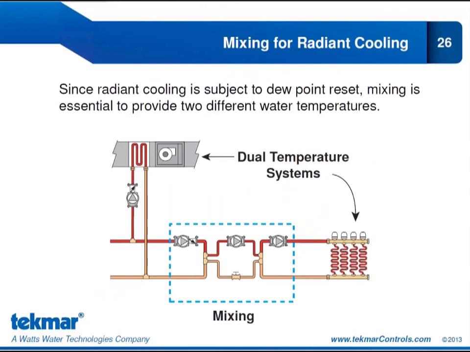But the fan coils will require colder water temperature than that. So by incorporating mixing into our design, we make sure we can provide the appropriate entering load water temperature to both of those separate installations and make sure that the system performs as it was intended to do so.